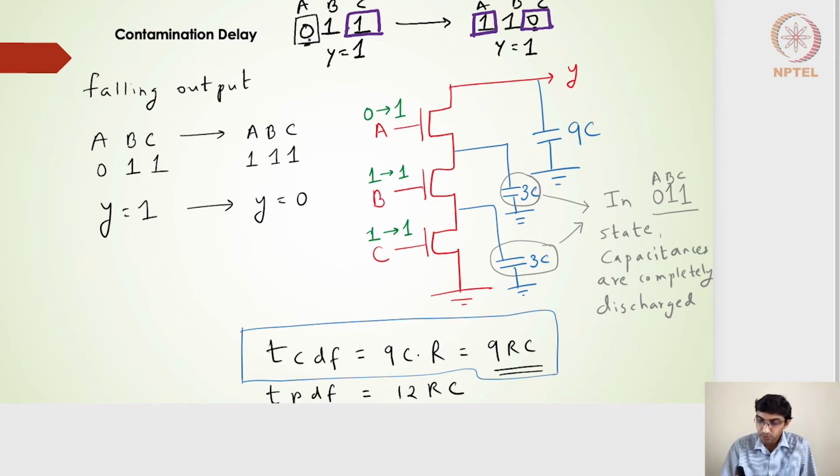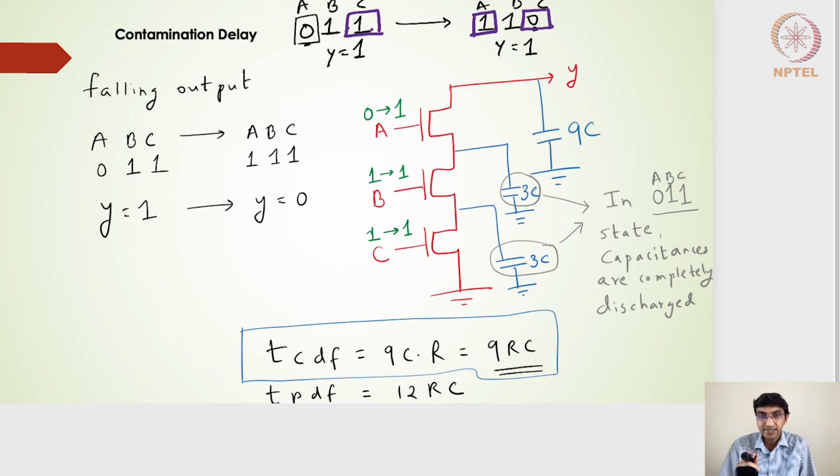It is quite possible that A will do the transition from 0 to 1 earlier than C. So that means that at time t equal to 10 picoseconds, we will have the input A doing the transition from 0 to 1, but after 10 more picoseconds, the C will do the transition from 1 to 0.